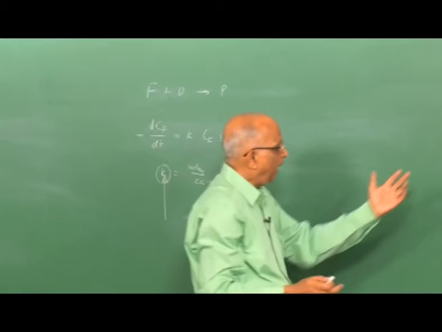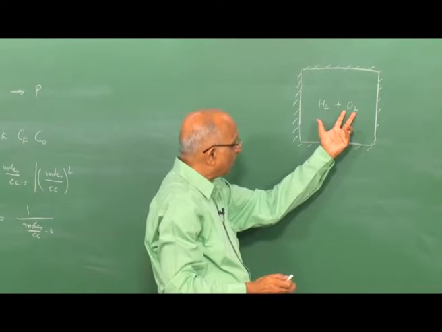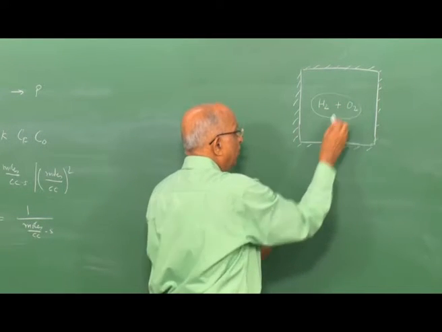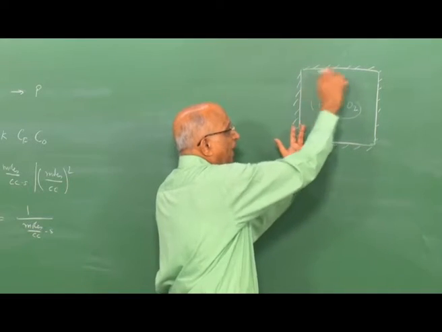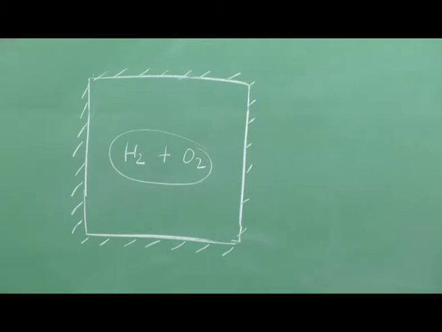Mind you, hydrogen is a fuel and oxygen is the oxidizer. These two put together form an explosive, and I can keep this explosive gas here and store it for years together, and a reaction is not going to take place.